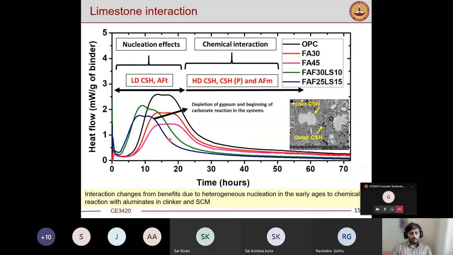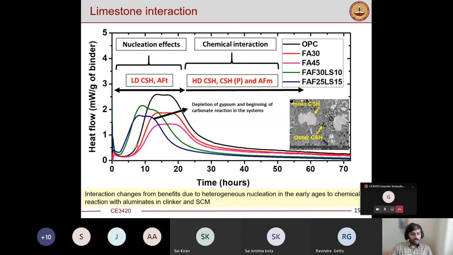So when you use a combination of limestone in your cement, it can contribute to early age properties, right? Even with 15% limestone, you can see the curve is shifted, right? Whereas when you just increase fly ash content, you are not going to shift this reaction curve, right?